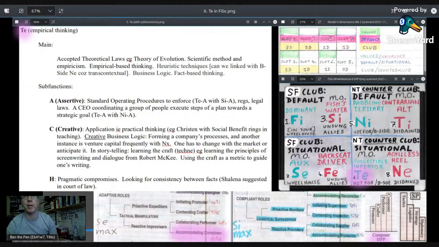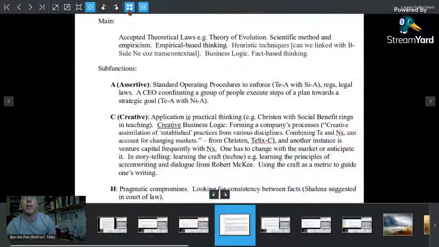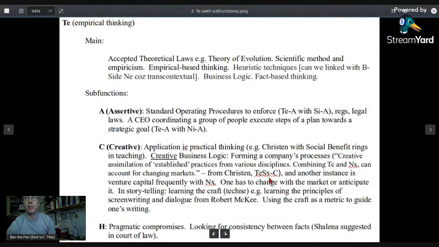What I should do is put that in all the videos. I'm going to put it on screen, so that's the new and improved TE description, and the bit there where I've added a quote from Kristen.